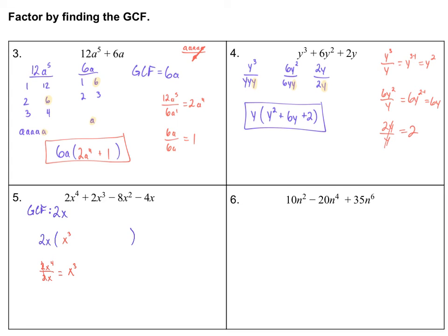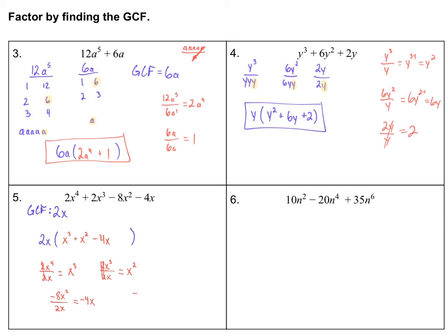Then if I take 2x to the third and divide it by 2x, the 2's cancel again. 3 x's on top with 1 on bottom, so 1 will cancel, leaving me with 2, so plus x squared.